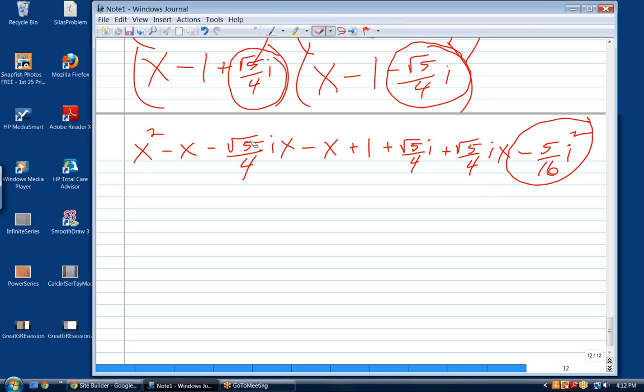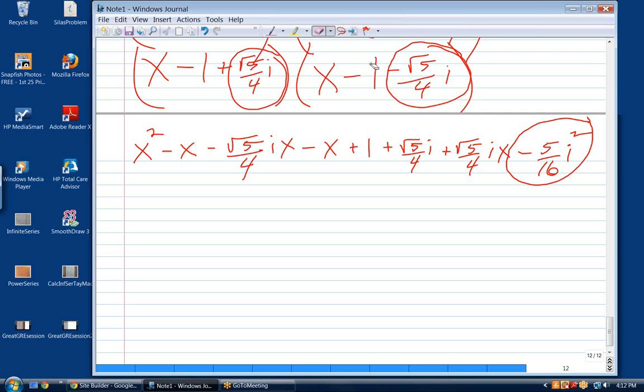Let's see, there's 1, 2, 3, 1, 2, 3, 1, 2. Yeah, we missed that middle term, which is going to be a negative root 5 over 4i. When you multiply this times that, you get the plus side.